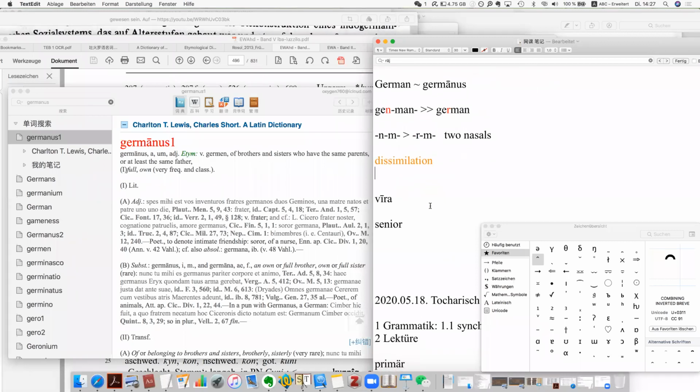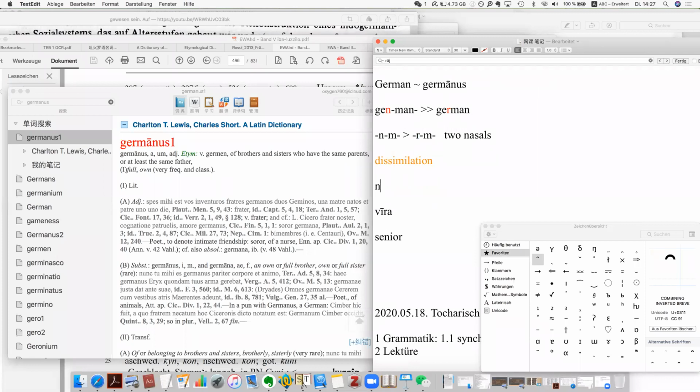So another example is the word for name. In Hittite, the word for name is called laman. Yeah, I forgot, it's probably laman. So again, this is a very important sound change called dissimilation.